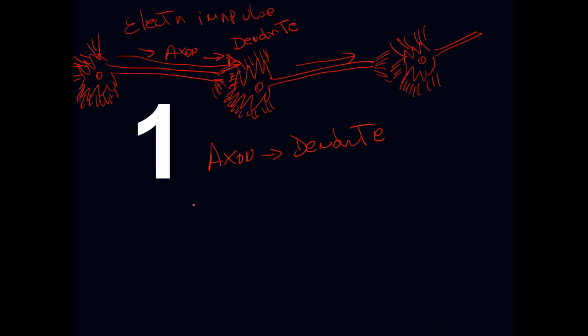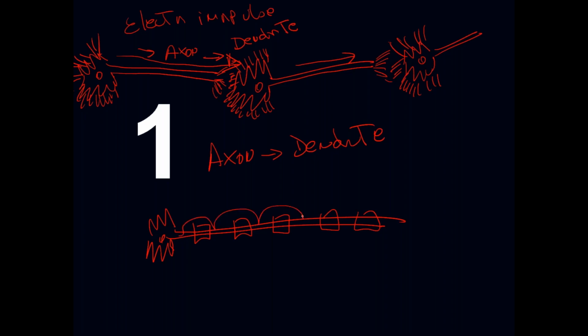One thing I mentioned in class: when you have a nerve cell with myelin and Schwann cells, the electrical impulse is not going to go in this manner. It's going to go like this, jumping.